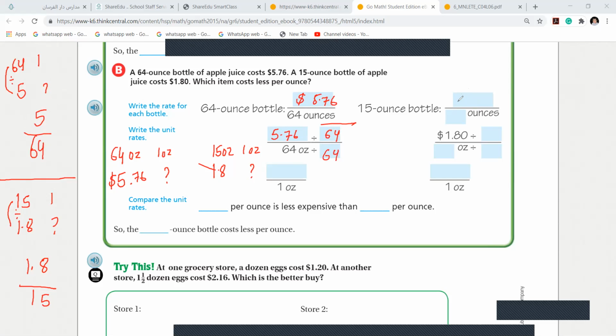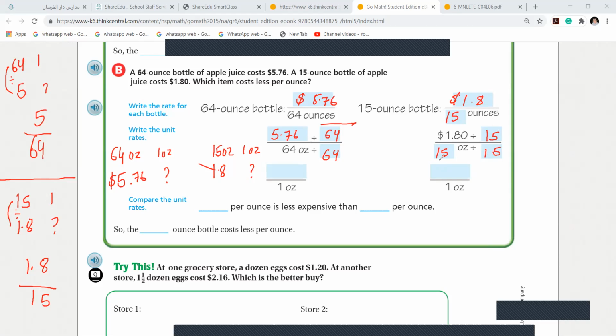And here, 15 ounce, $1.8 over 15 ounce. We will divide $1.8 by 15. So when I do this, girls, because I don't have much time now, I'll just directly write it.